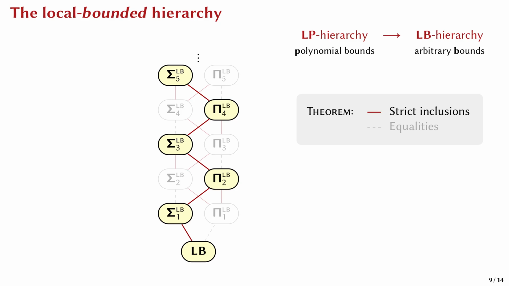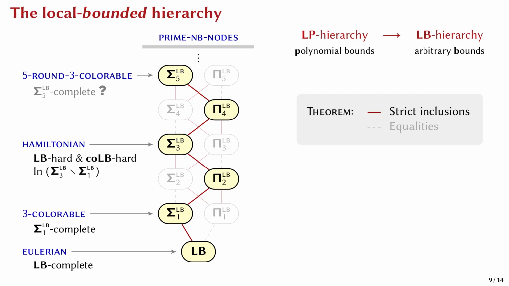Additionally, if we slightly adapt the notion of reduction, again by dropping the polynomial bounds, then all the previous hardness, completeness, and non-inclusion results carry over as well. And I think this even holds for my conjecture about the completeness of K-round three-colorability. So this leaves us with an infinite hierarchy of complexity classes, and at least in principle, these can be interpreted as a measure of locality.